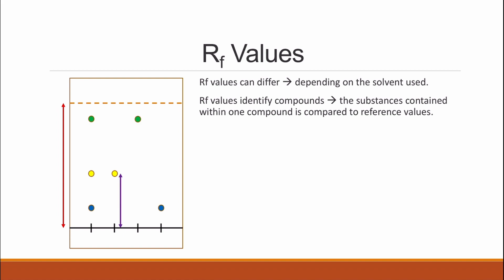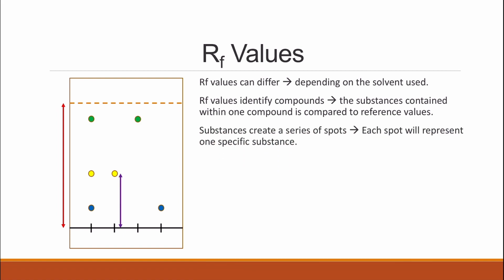So the substances contained in a mixture can have different RF values for each component, and we can compare the RF value from each component with a reference value, and then we can identify the components of the mixture.